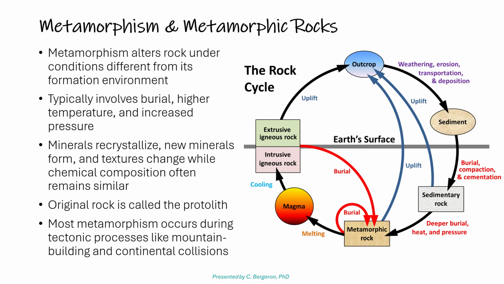So you get new minerals, you get recrystallization, but the thing about metamorphic rocks typically is that the overall chemistry stays the same as the original rock. And when we're talking about metamorphic rocks, that original source or that original rock, we refer to that as the parent rock or the source rock.